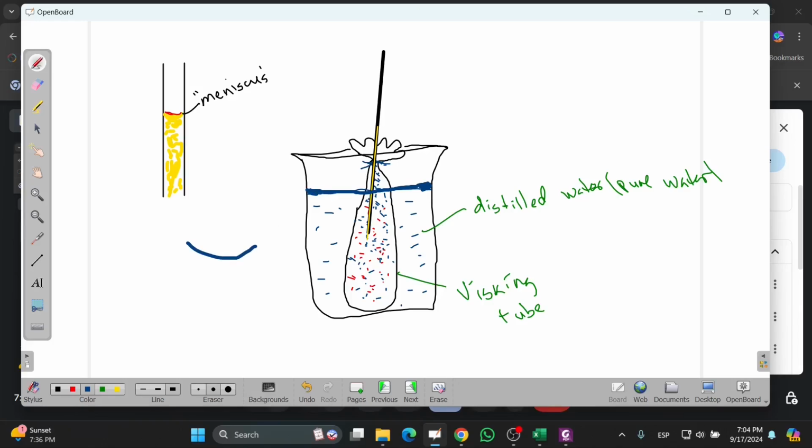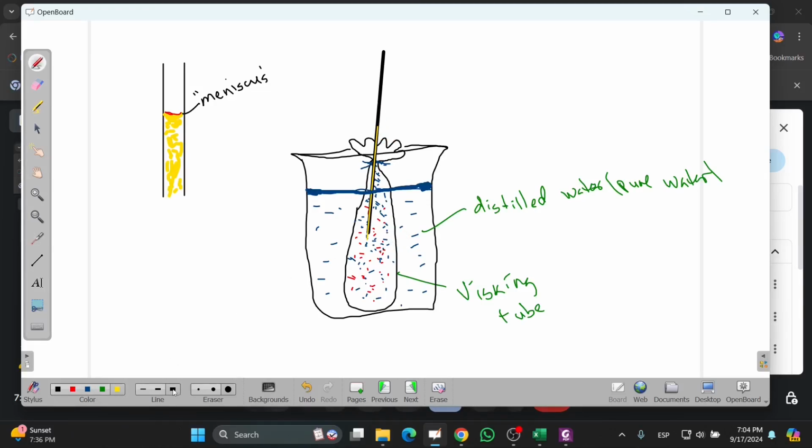In a liquid in a container, the surface will be bending upwards a little bit, and we call that line the meniscus.